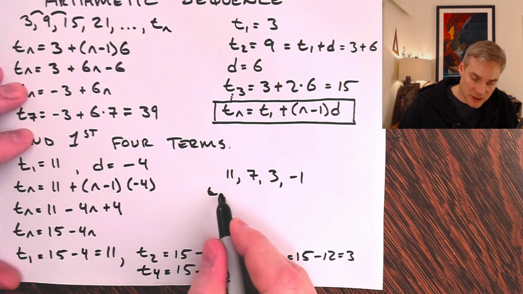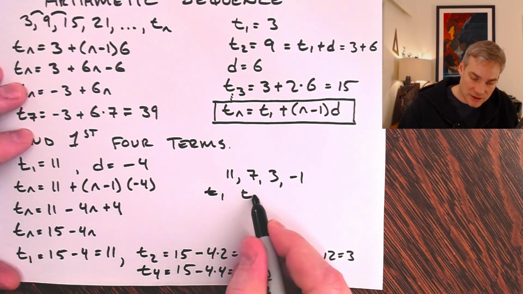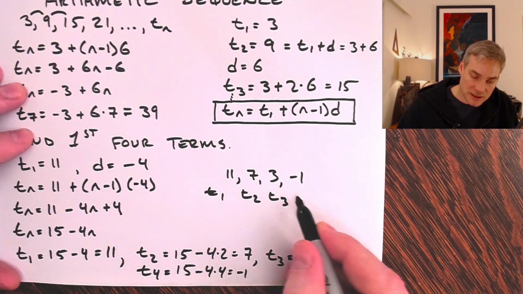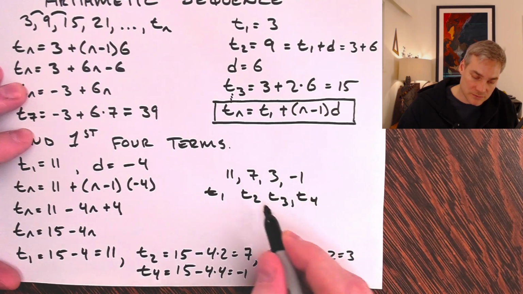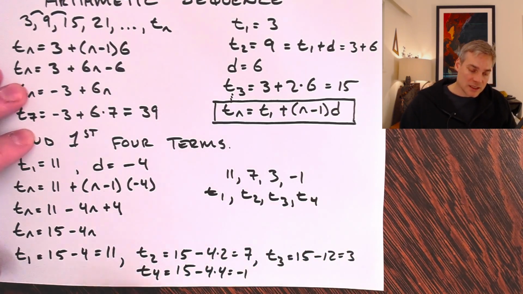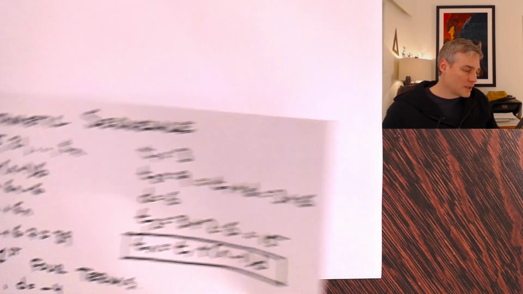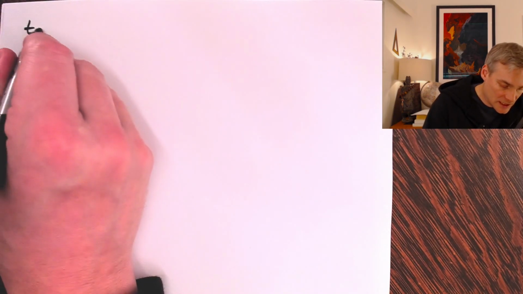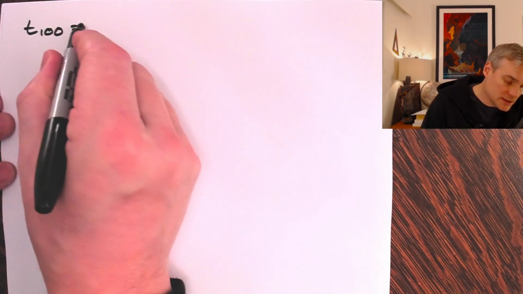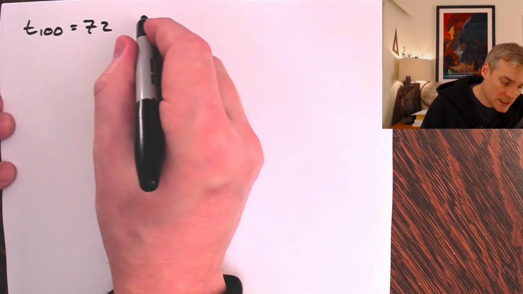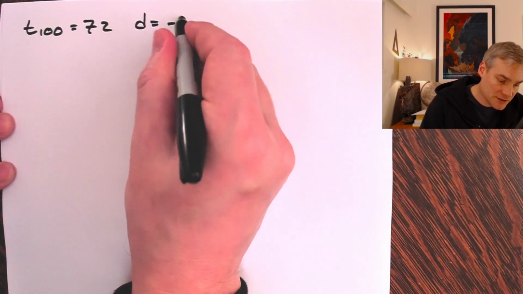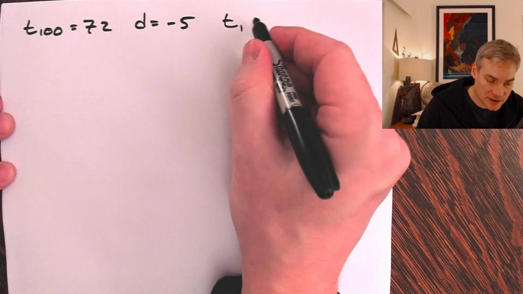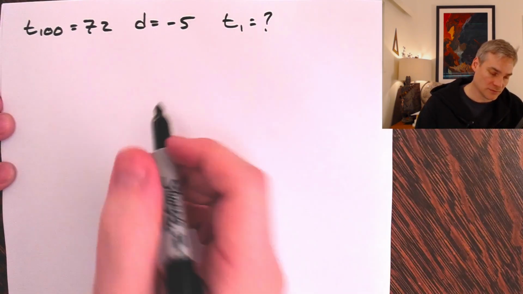So that's T1, T2, T3, and T4. So now, what if it said something like T100 is 72, and the difference is minus 5, what is T1?